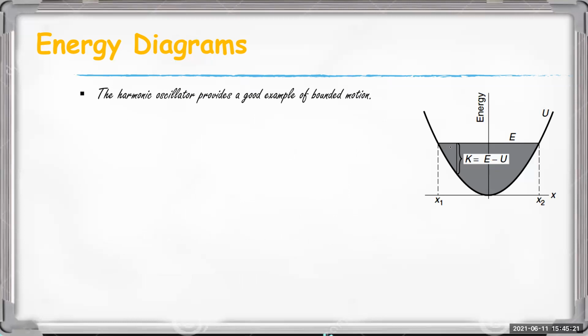The motion of mass m is bounded between the turning points. What are the turning points? x1 and x2.